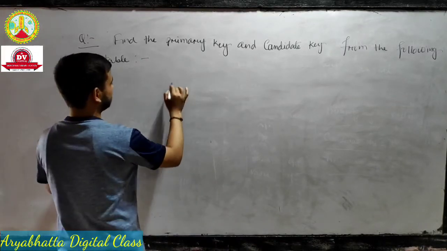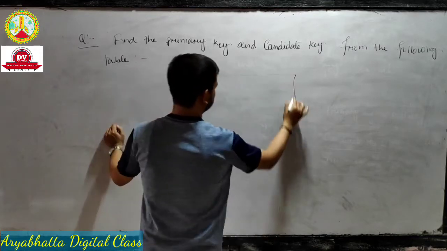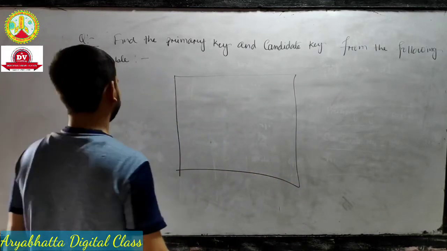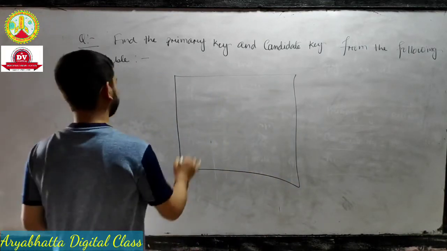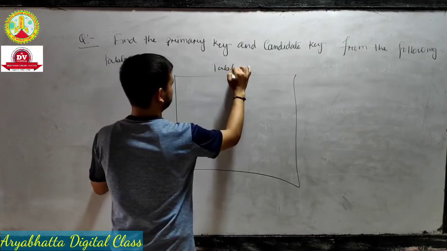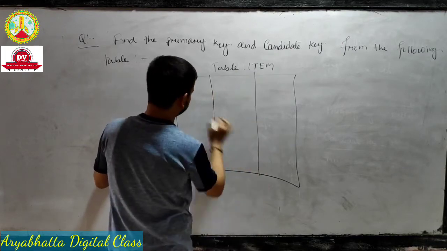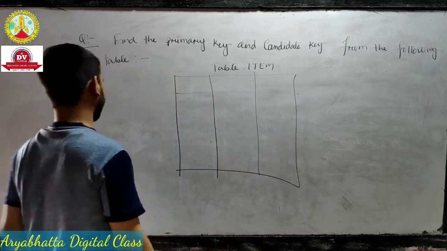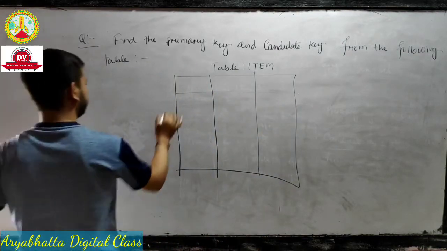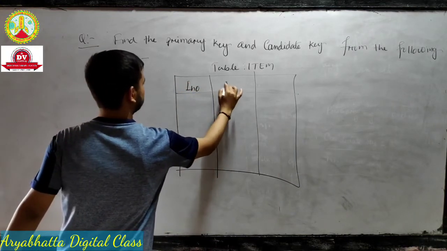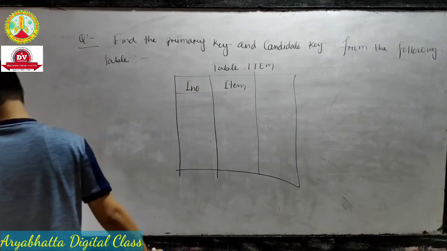Suppose this is a table. Okay. Just three attributes. Table name is item. Item number, item and quantity.